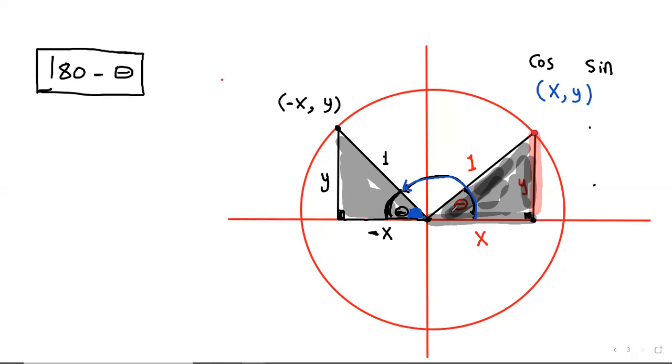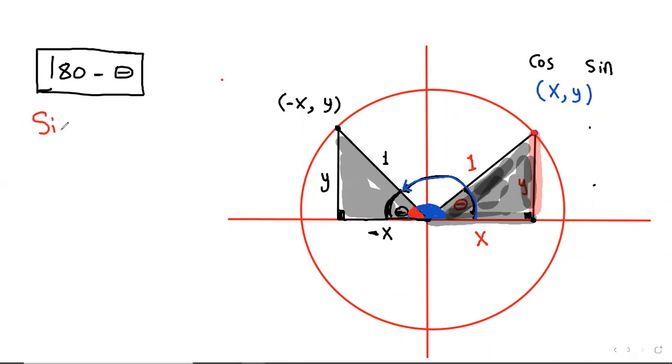In the standard position, the angle here is 180 minus theta. This angle here is 180, and if we removed this angle from the 180, you get 180 minus theta.